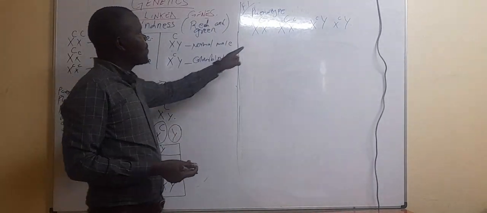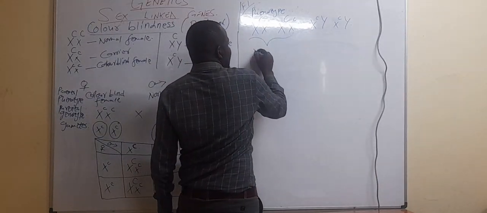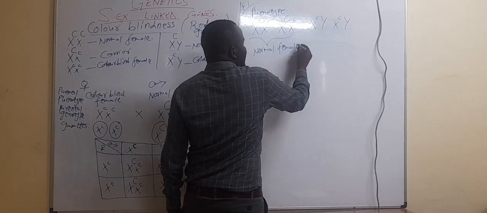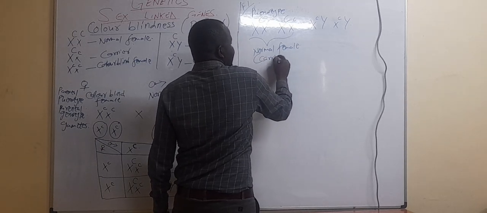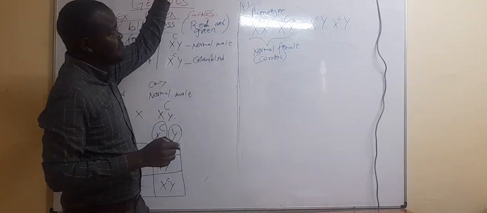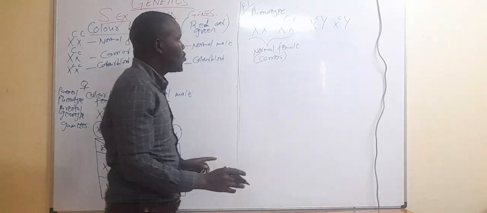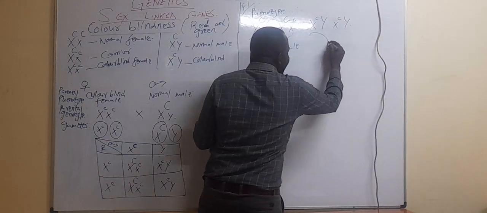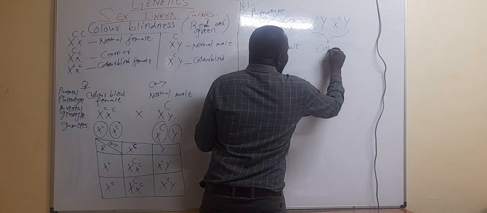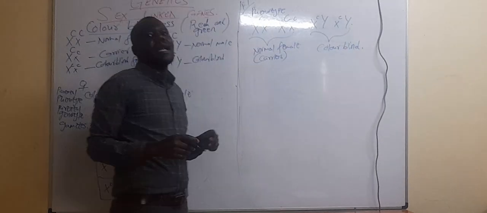It means our females are normal, but these normal females are carriers. They have the gene for color blindness, but the daughters are just normal when you check them. The sons, the males, are all colorblind.